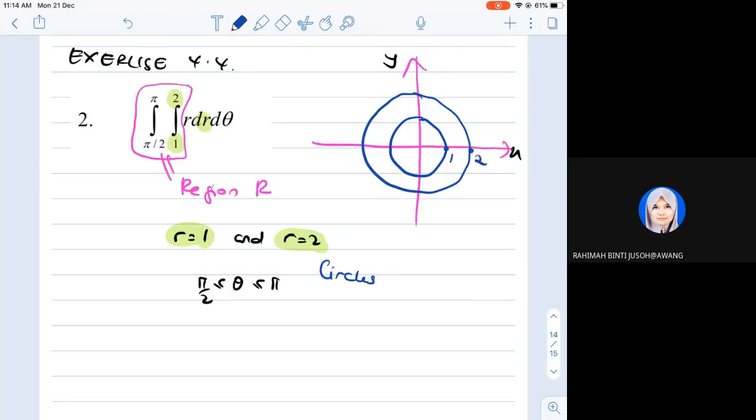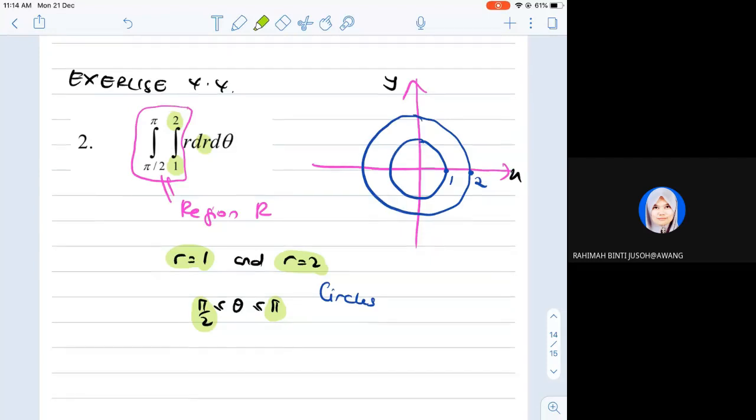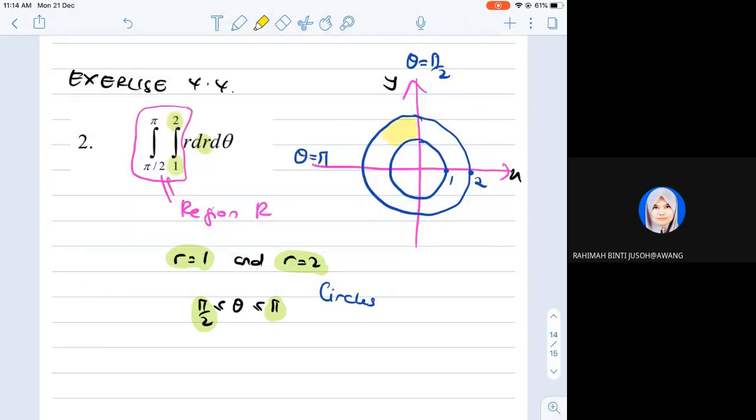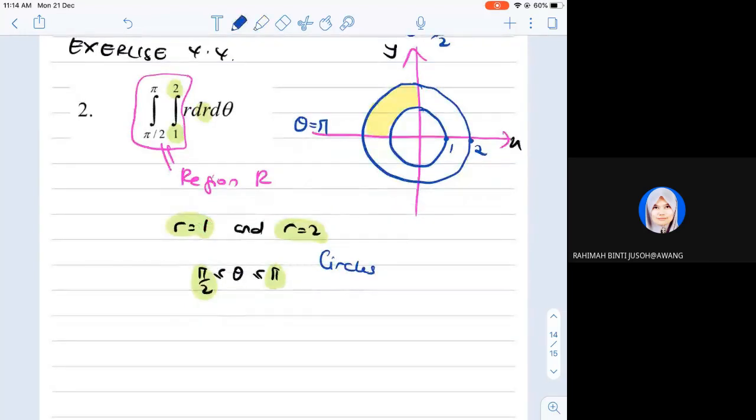Right now the limit of the angle is from pi over 2 until pi. So theta equals to pi over 2 is up here, until theta equals to pi here. Therefore the region should be this. You shade that region. Okay, that's the region. This is your region R.